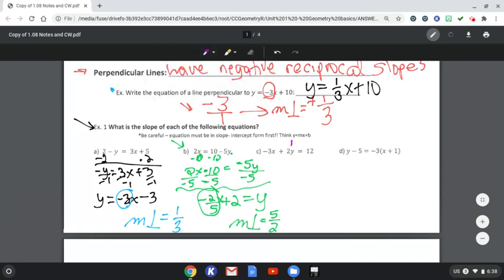Exercise C, again, we want to get y to stand alone, so we're going to add 3x to both sides. 2y equals 3x plus 12. I do like to keep the x term first, so as I rewrite this, I keep the 3x there. Divide through by a 2. Y equals 3/2x plus 6.